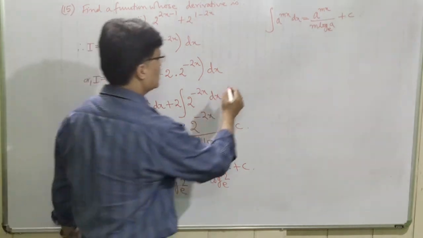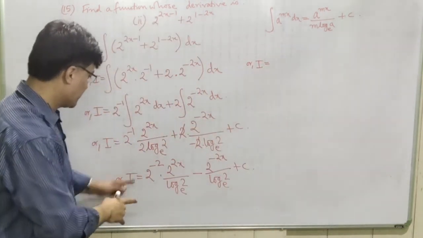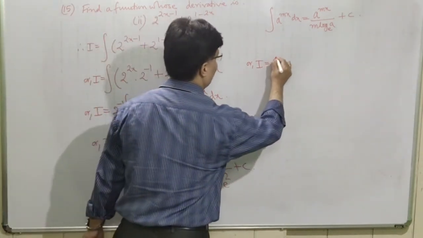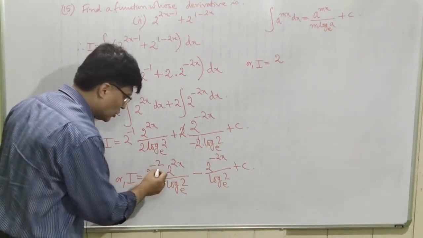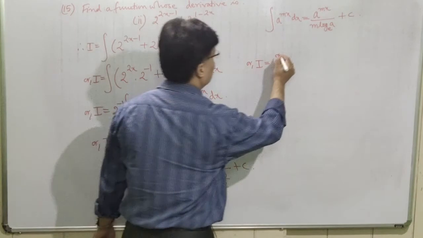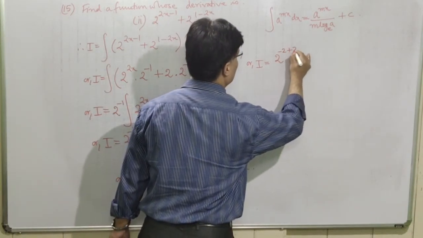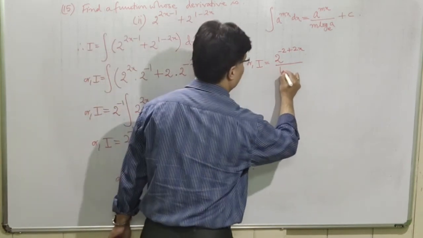Okay, so in the next step, I is equal to, how much is it now? In the numerator, you can simplify those powers: 2 to the power minus 2 into 2 to the power 2x. When you multiply these two 2s, powers will be added, that is 2 to the power minus 2 plus 2x, whole divided by log 2 base e.